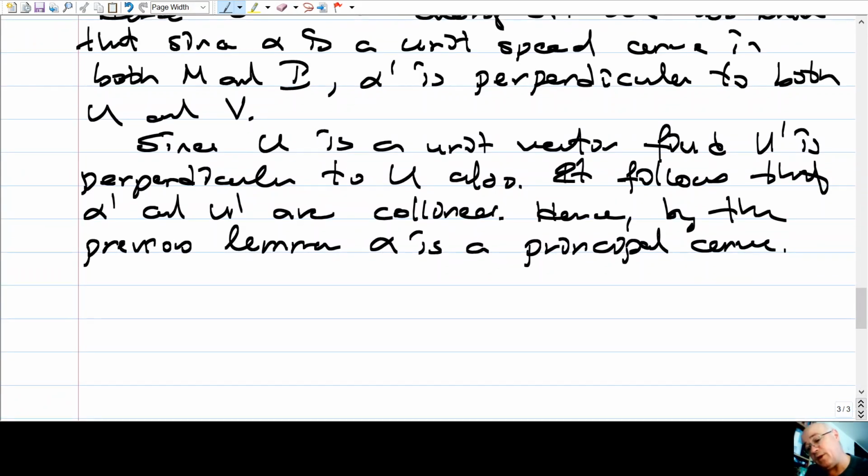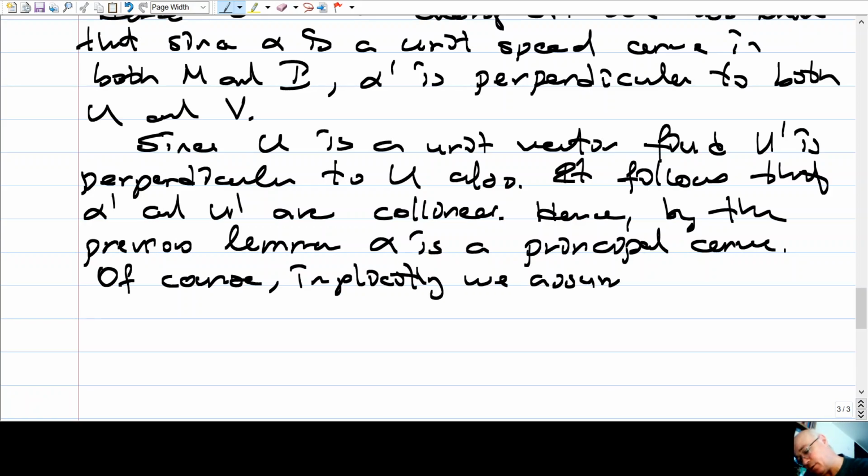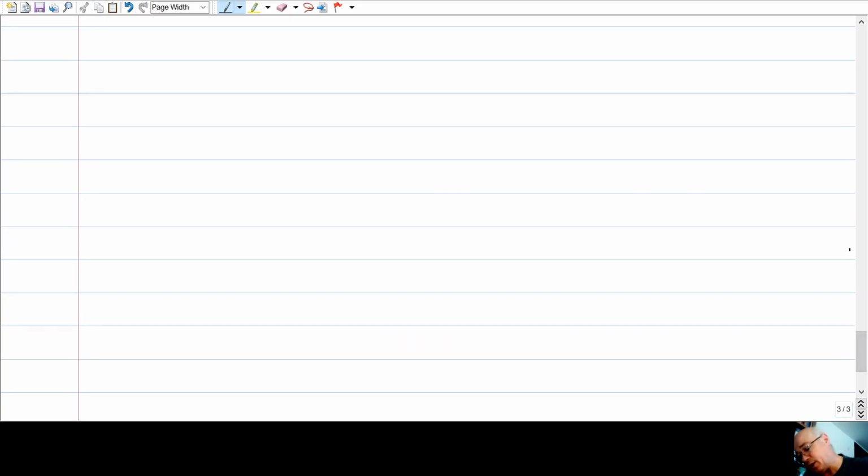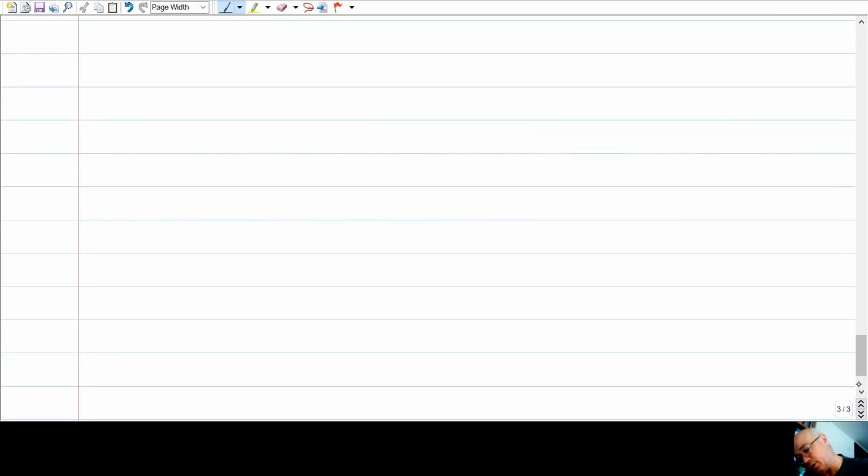Of course, this is valid if, implicitly, we assume that U and V are linearly independent, right? Because I made this argument.